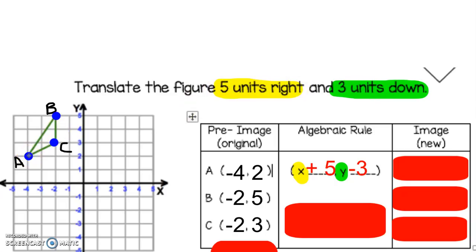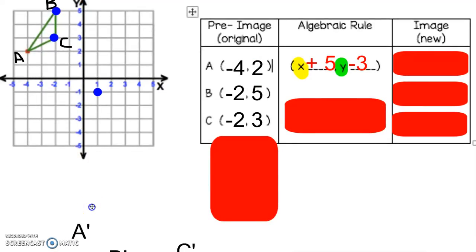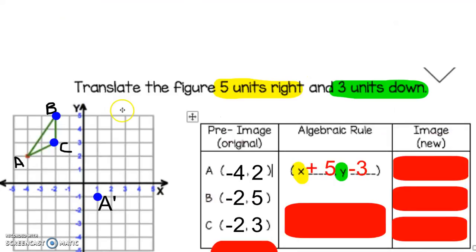So let's start with A. 5 units right: 1, 2, 3, 4, 5, and 3 units down: 1, 2, 3. That is now what we call A prime, because it's going to be the image. I'm going to do that for all of the points.